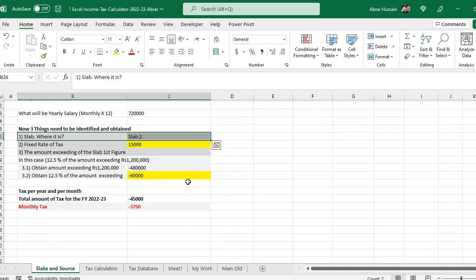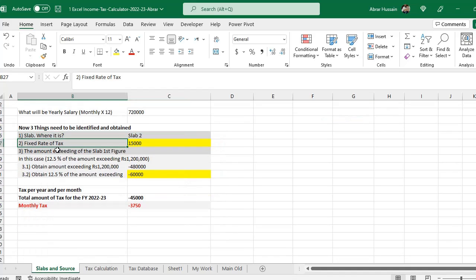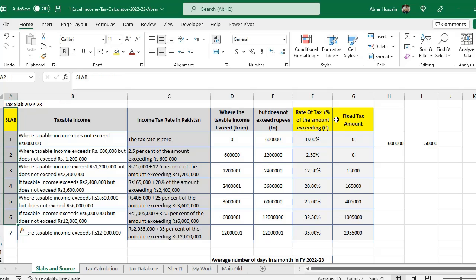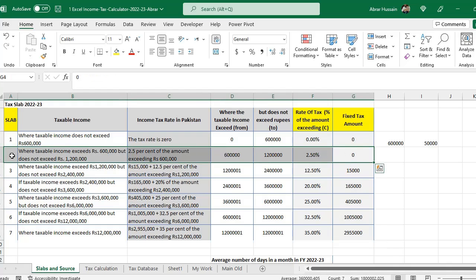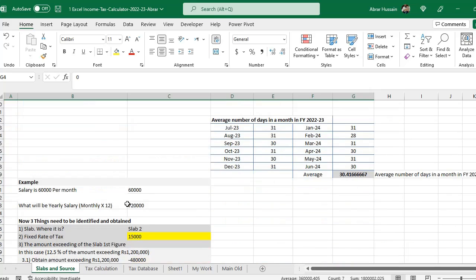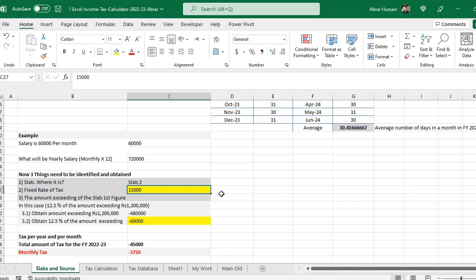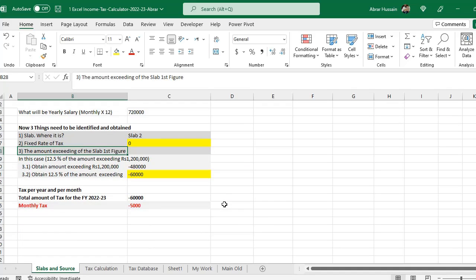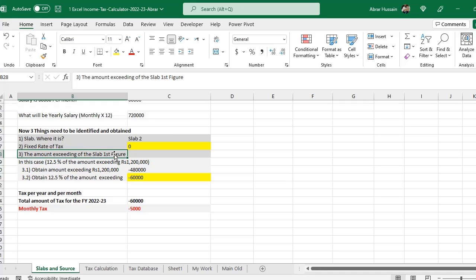Now what is the next thing that I need to identify? Is there any fixed rate of tax? Slab is identified. Now fixed rate. What is the fixed rate here? So in this slab 2 there is no fixed rate. So we will type here 0. Now the third thing that you need to understand is the amount exceeding the slab's first figure.